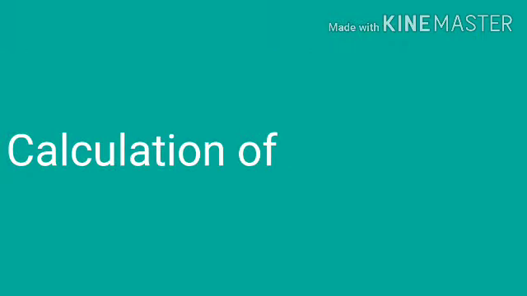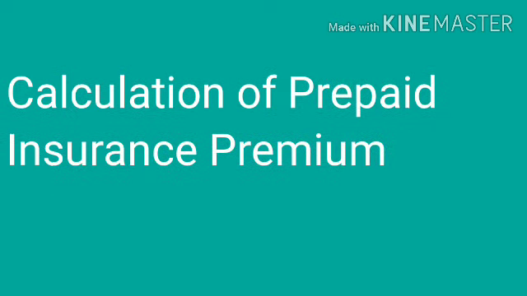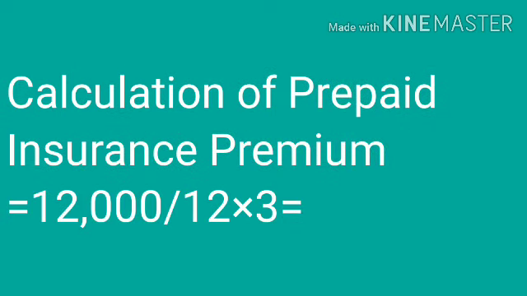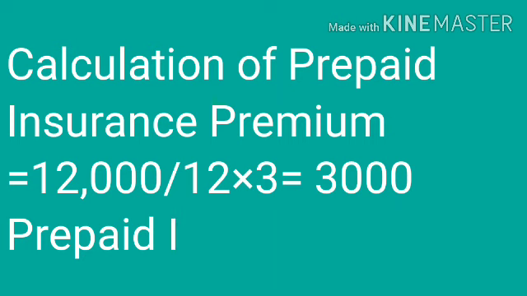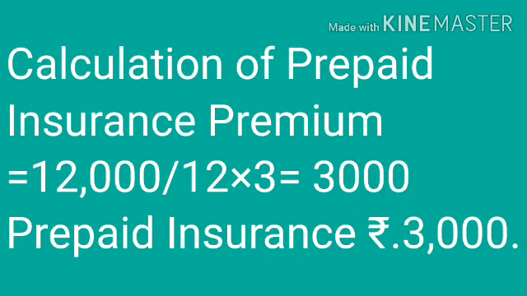First, we calculate prepaid insurance premium, that is 12,000 divided by 12 multiplied by 3 is equal to 3,000. Here prepaid insurance is rupees 3,000.